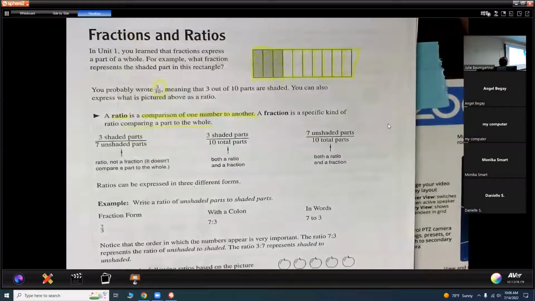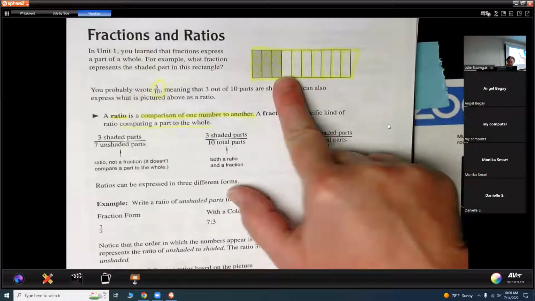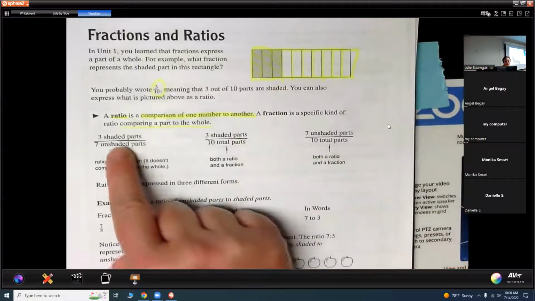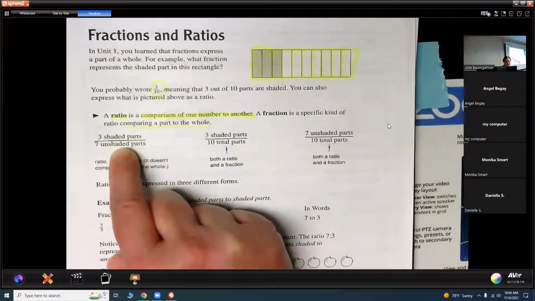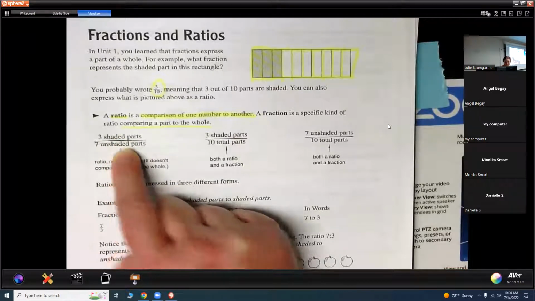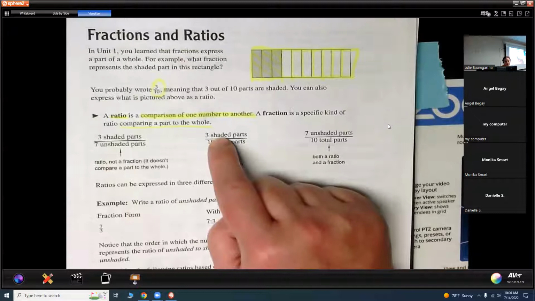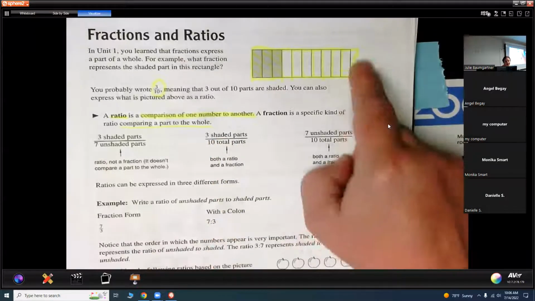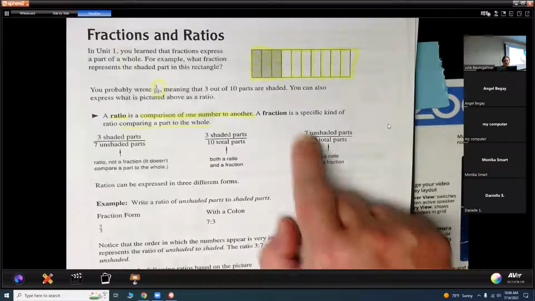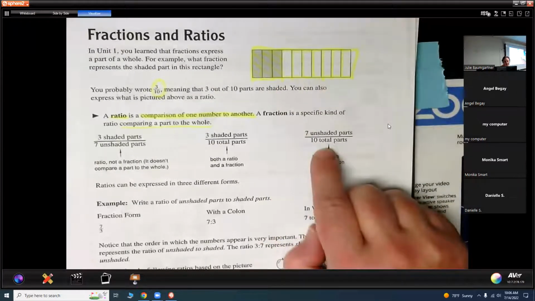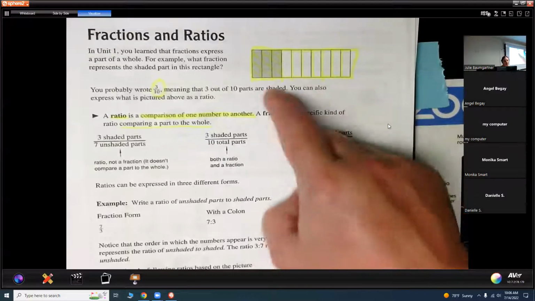So if we think about the image we have up here at the top of the page, we could think about it as 3 shaded parts versus 7 unshaded parts. We could think about it as 3 shaded parts to 10 total parts. Or we could make this comparison of 7 unshaded parts to 10 total parts.